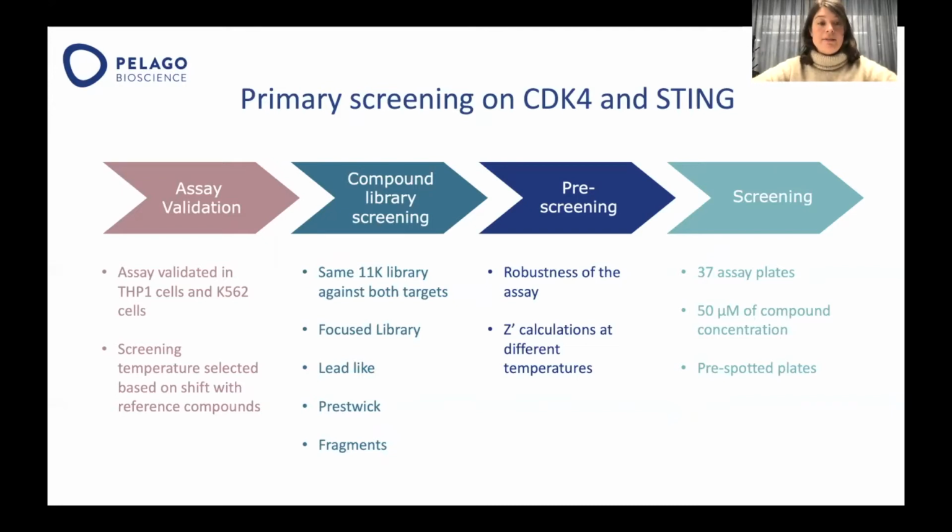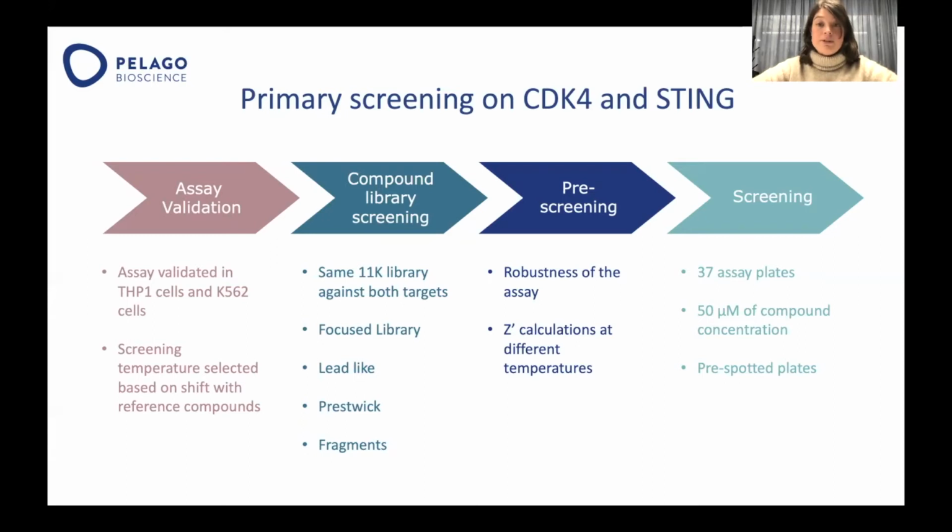We screened some different temperatures to select a good temperature for the screening, and we used reference compounds for this. For the compound library, we selected a library of 11,000 compounds. It was the same library that was screened against both targets. This was a focus library, and it included lead-like and drug-like compounds.